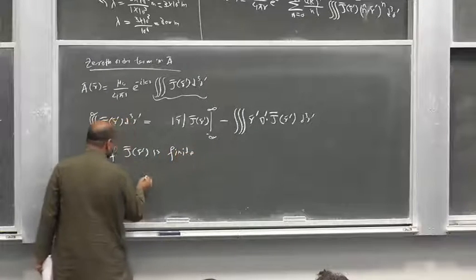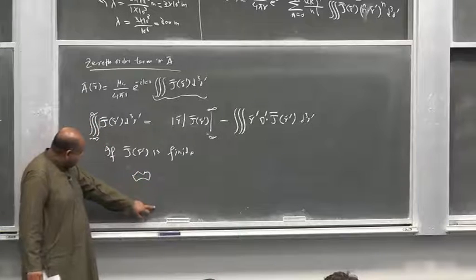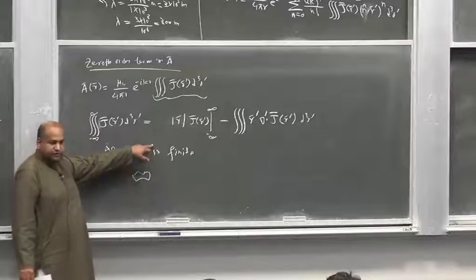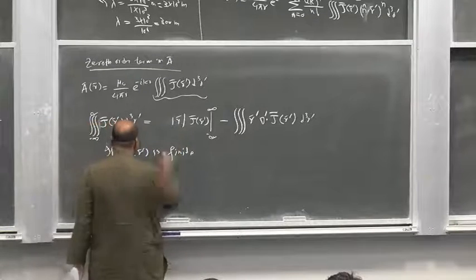Finite meaning that it occupies a finite volume in space, because it is then 0 at minus infinity and 0 at plus infinity. So in that case, this term would be 0.